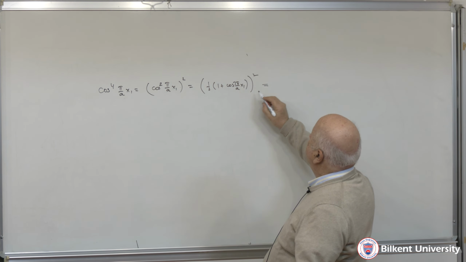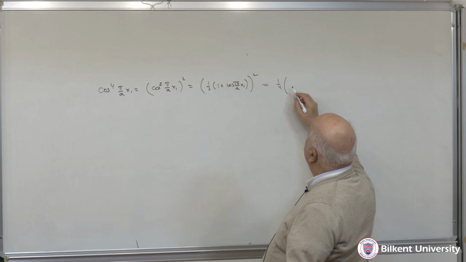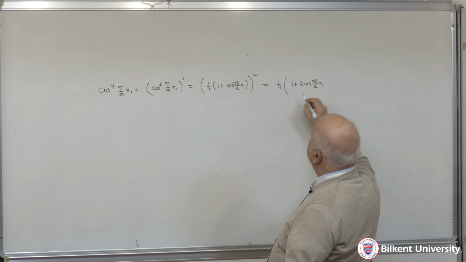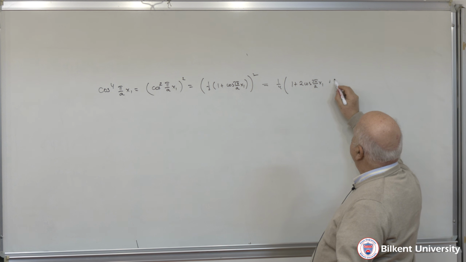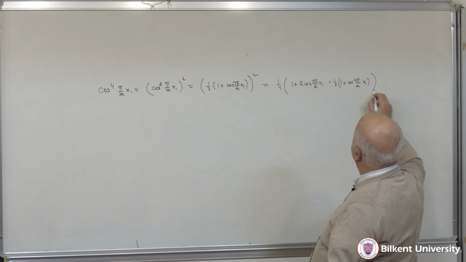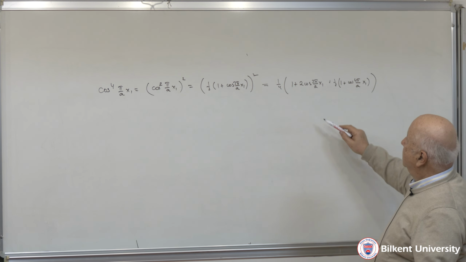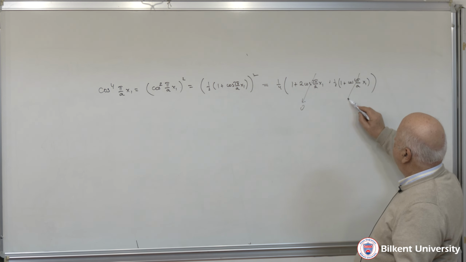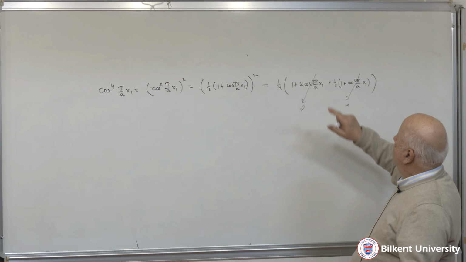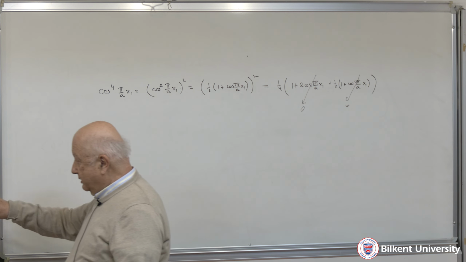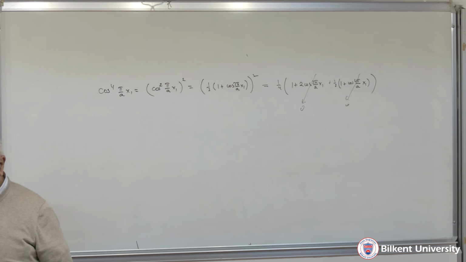So that will be 1 over 4, 1 plus 2 cosine 2 pi over a x1 plus the square of that, which is another 1/2, 1 plus cosine 4 pi over a x1. So this will integrate out to 0, that will integrate out to 0. So you have 3 over 4 times 1 over 4. Just as an exercise, complete this because we have run out of time.